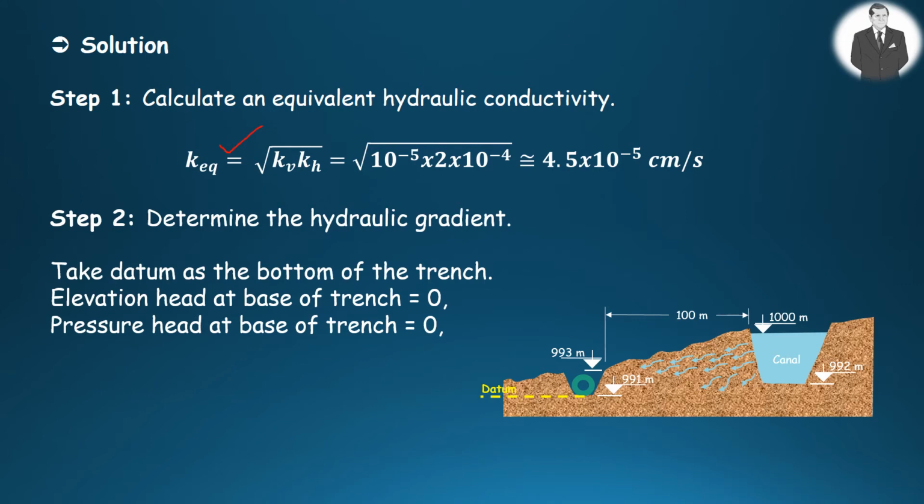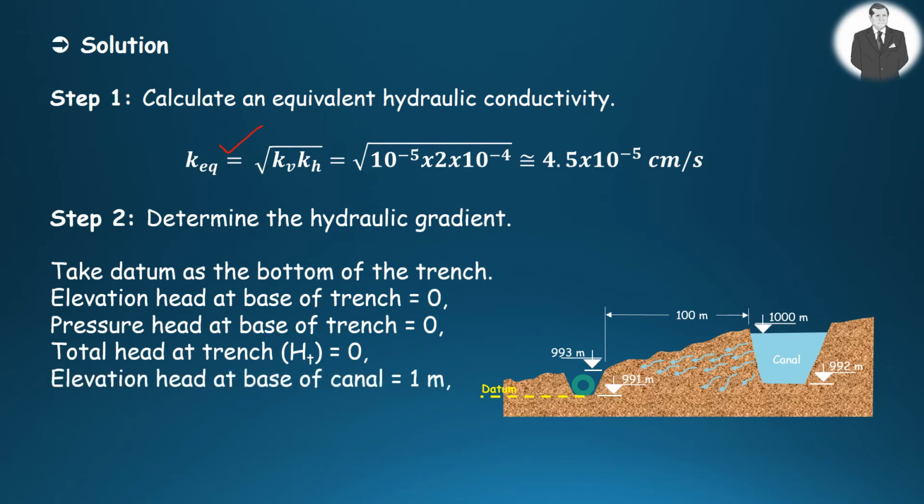So is the pressure head, and therefore the total head at trench is 0. On the other hand, elevation head at the base of canal is the difference between 992 meter minus 991 meter, which is 1 meter.